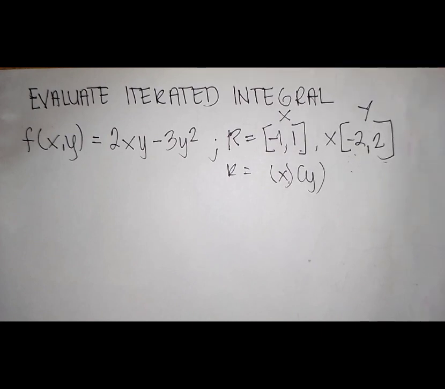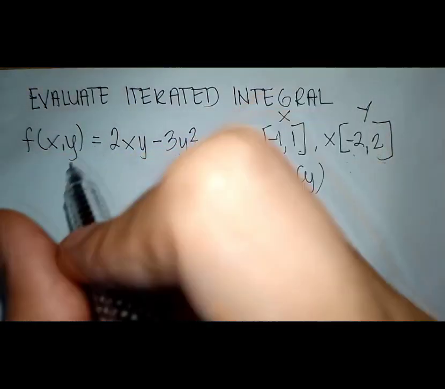It doesn't really matter whether we integrate with respect to x first or y first. We can do it either way, but we usually like to do x first. So now we will do the coordinate for y first.